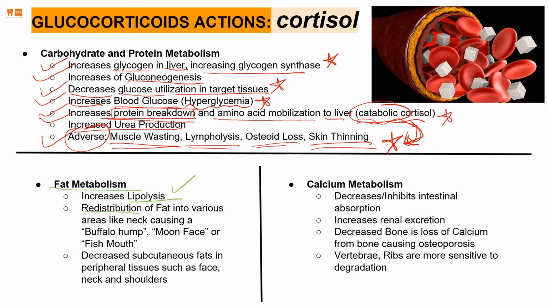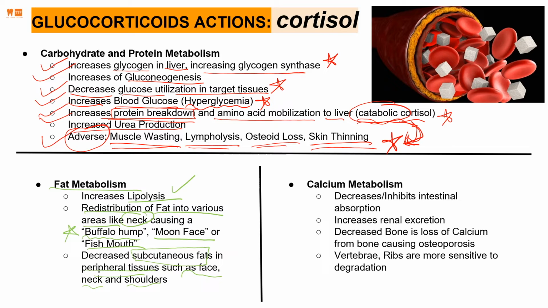It also not only breaks down the fat, you can't just get rid of fat overnight, but it redistributes the fat into various areas, like the neck. And guess what that causes? A buffalo hump, moon face, fish mouth around the lips. It decreases subcutaneous fats in peripheral tissues, such as face, neck, and shoulders.